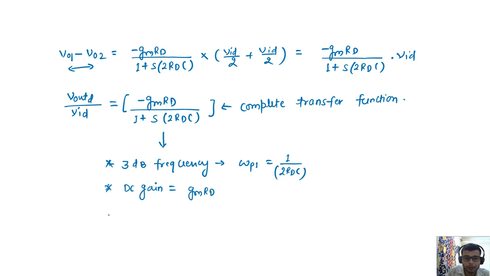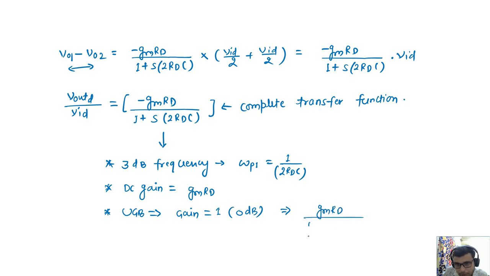Okay, and to find the UGB, when my gain is 1 or in dB scale 0 dB. So what can be written as GMRD, if I take the magnitude, divided by root 1 plus omega square RD square 2C square, equal to 1.